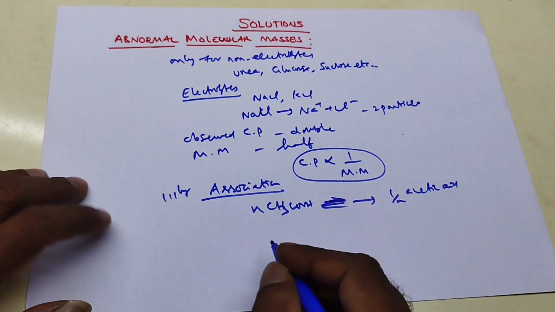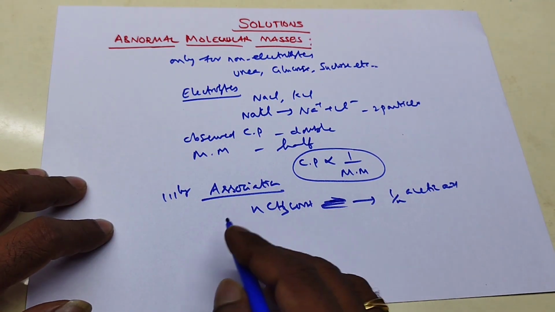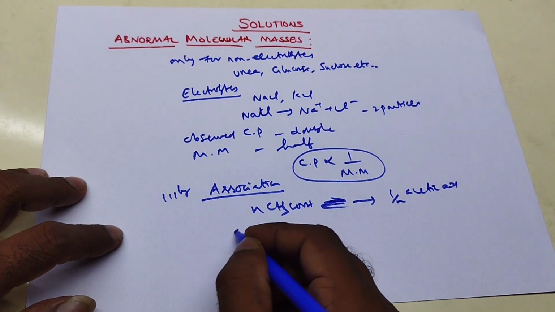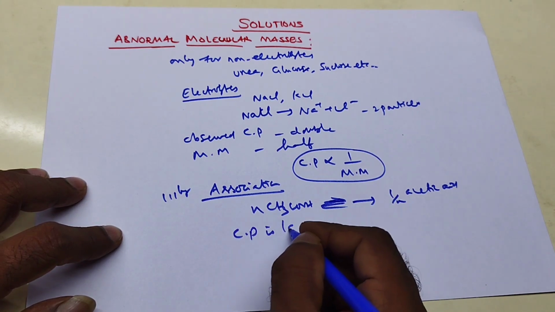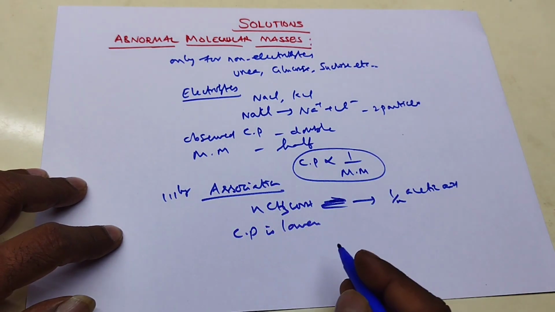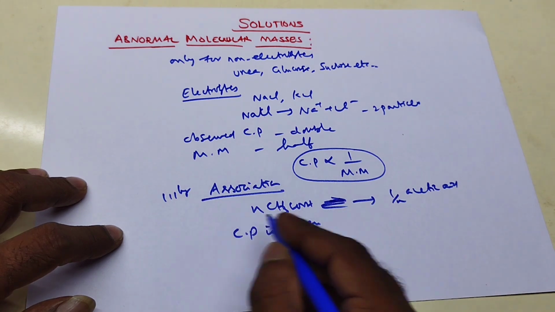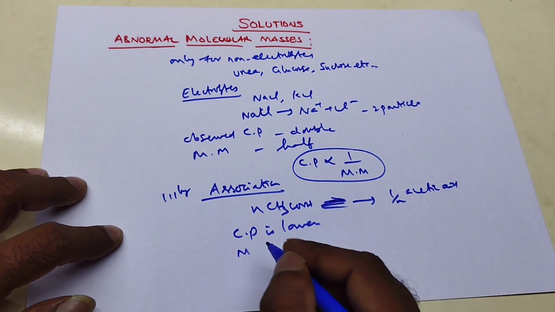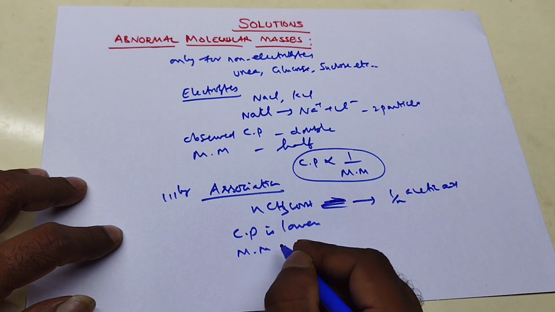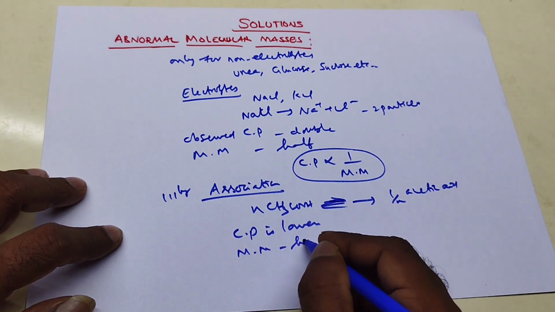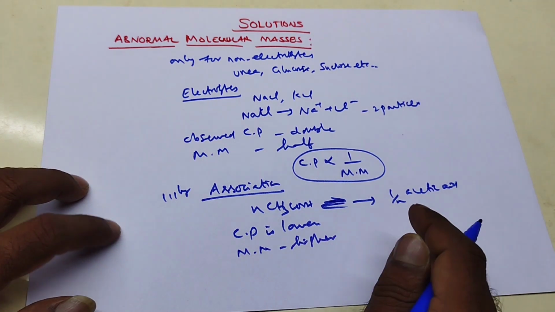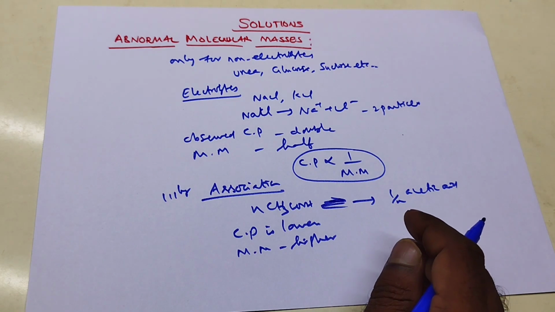That is due to dimerization. So in these cases the colligative property is lower, whereas in the previous case of dissociation it is doubled and the molecular mass is half. Here the colligative property is lower and the molecular mass is higher than the expected values.